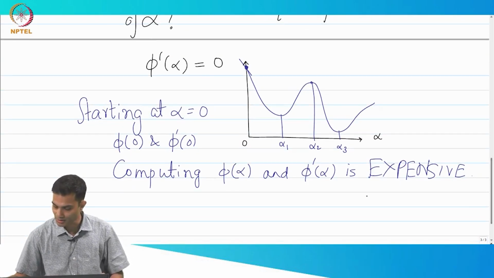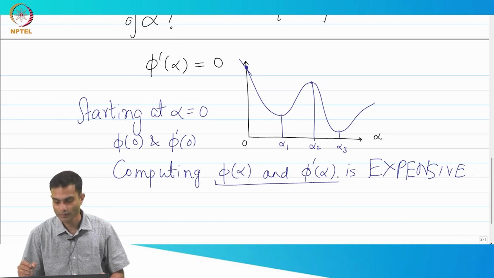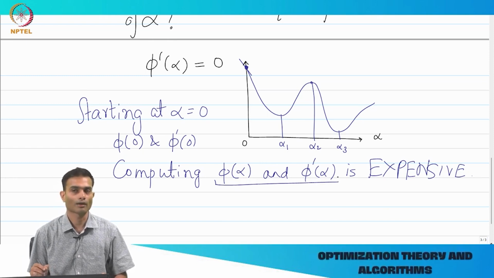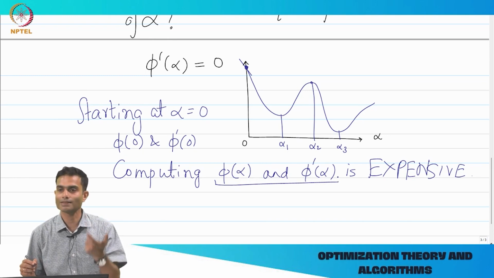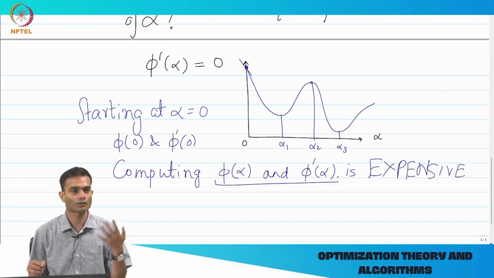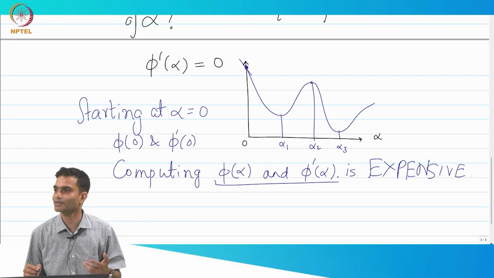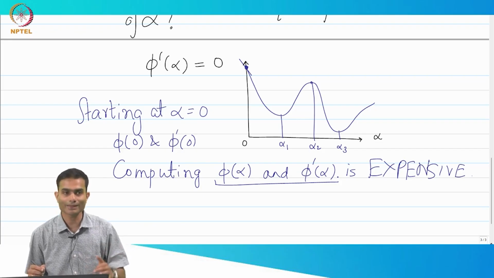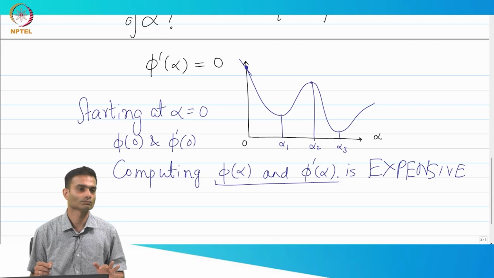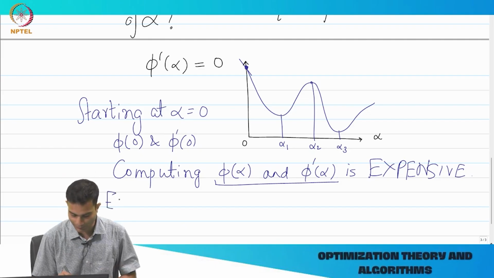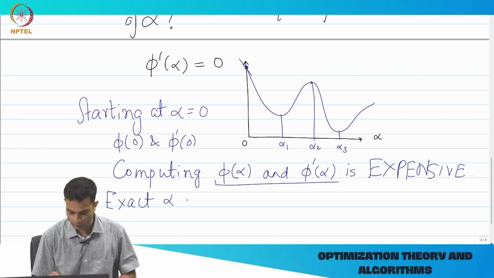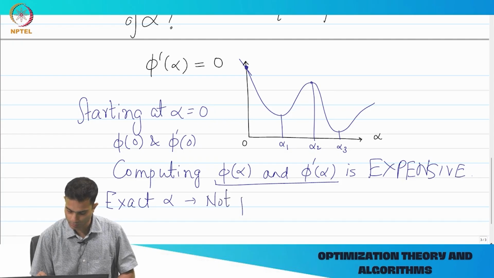So because these are expensive, the conclusion is that getting the exact value of alpha is often not practical. Therefore, what do we have to settle for? An inexact value of alpha, right. So exact alpha is not practical.